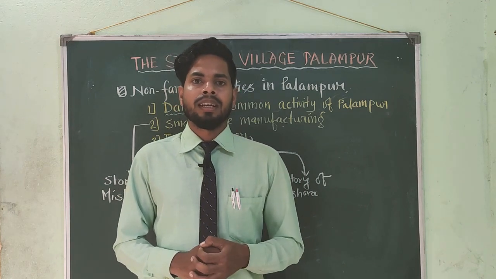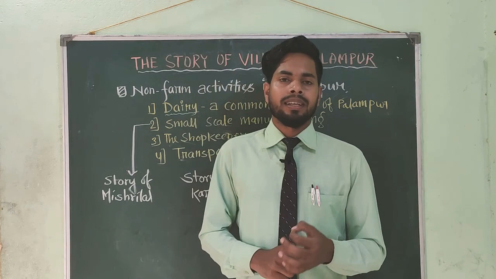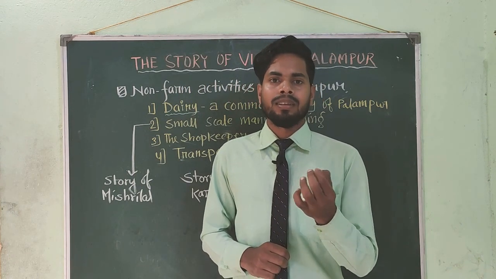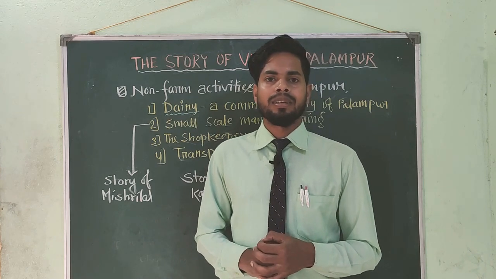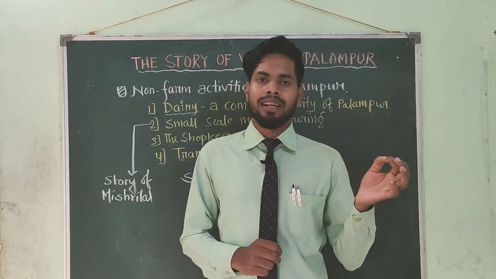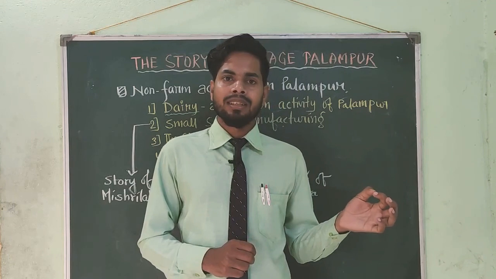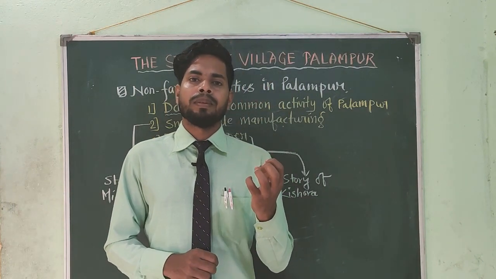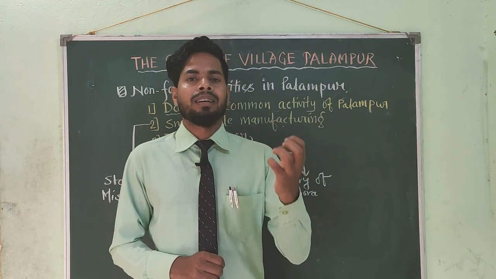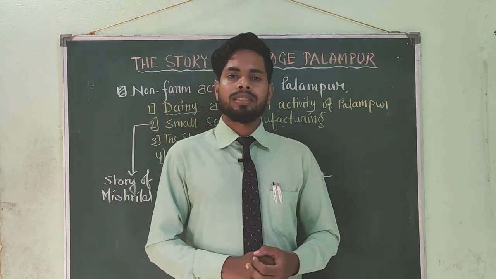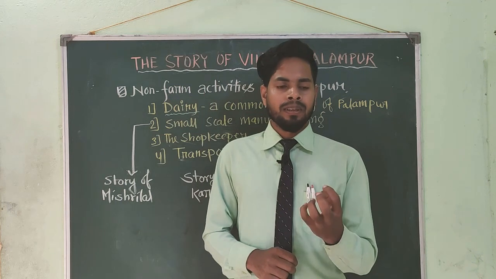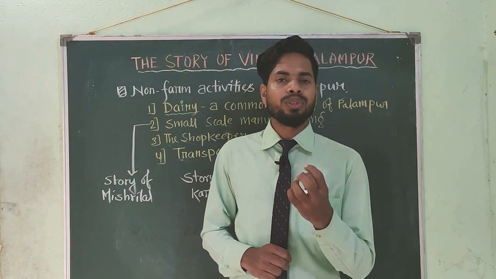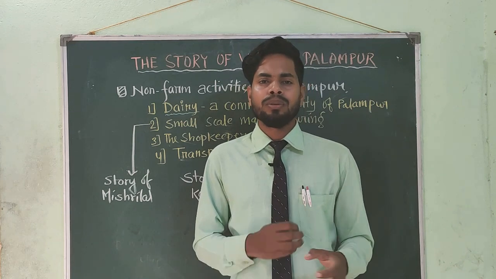Second, if the power supply is irregular, then Misri Lal cannot run the machinery, so he does not produce the jaggery, and it will hamper or interrupt the production. Or due to the failure of sugarcane production, or due to an increase in the price of sugarcane, so many reasons are there.